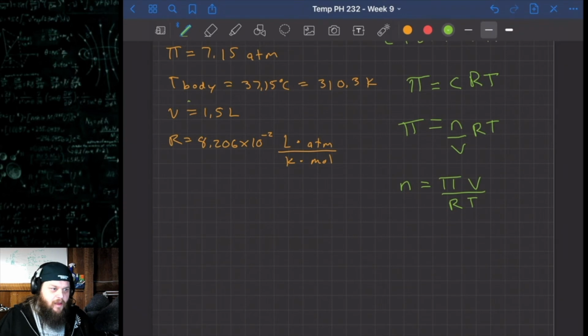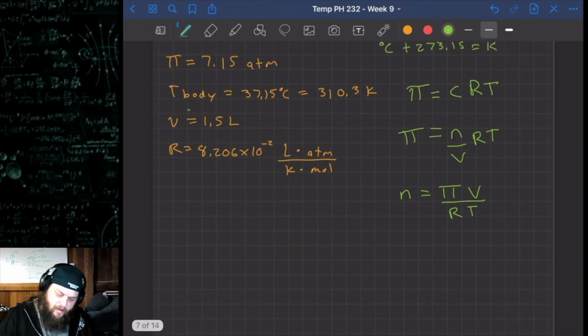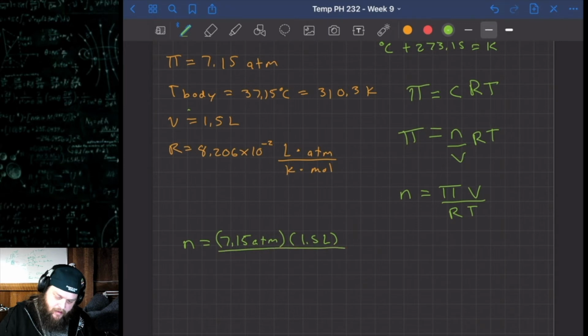We can then plug in those values. So plugging in, N is equal to 7.15 atmosphere times 1.5 liter divided by our R constant, 8.206 times 10 to the negative 2 L times atmosphere divided by K times mole, moles Kelvin.